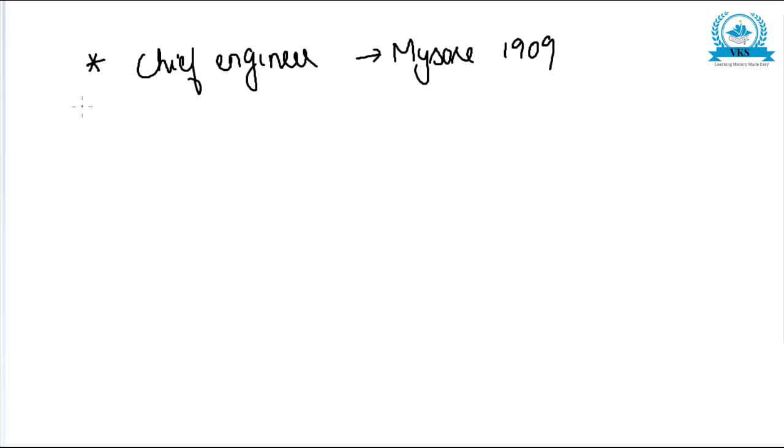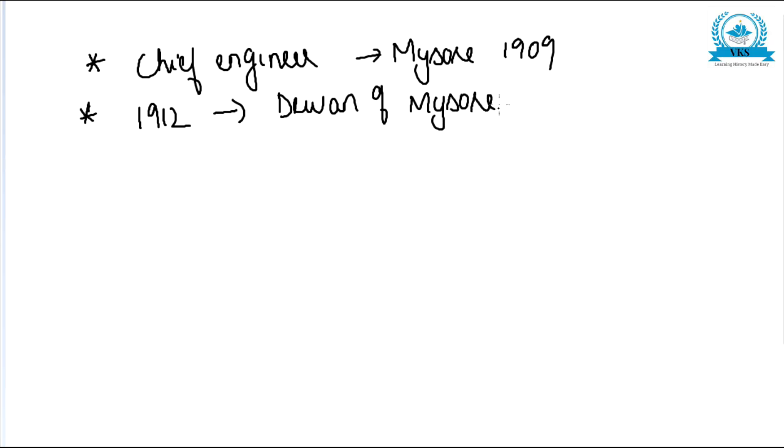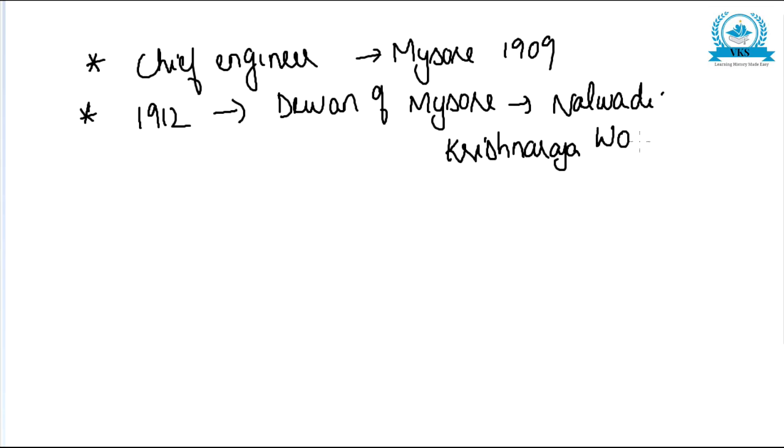Later he was appointed chief engineer of Mysore, and in 1912 he was appointed as the Diwan of Mysore. Nalwadi Krishnaraja Wadayar appointed him as the Diwan of Mysore. That is how he became the Diwan in 1912.